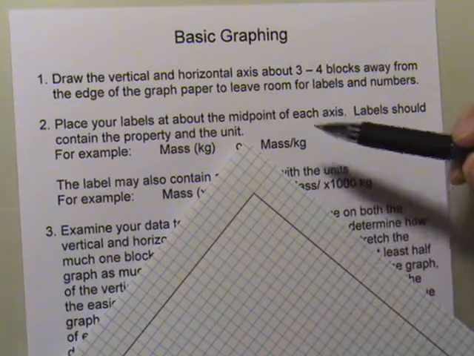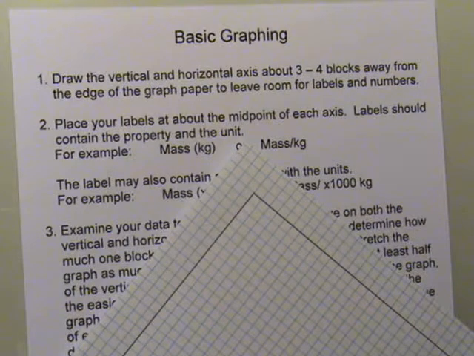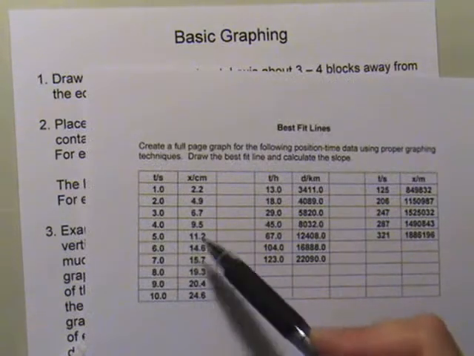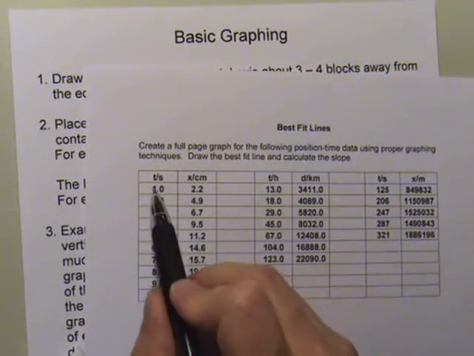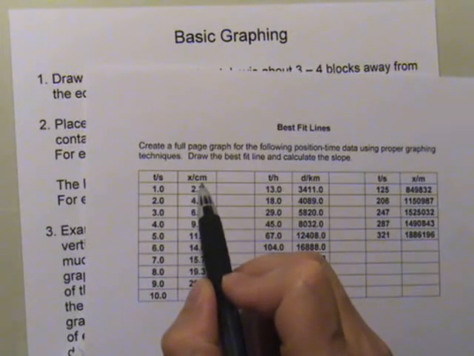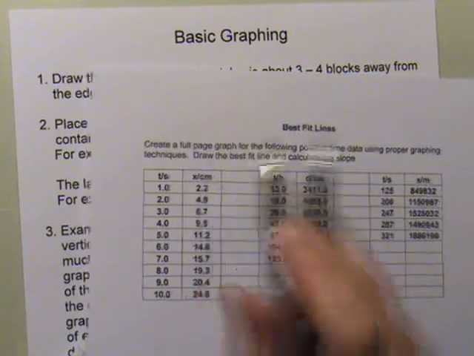And that brings us to the second step, which is to actually place those labels. Now, in the case of this graph, the example that I'm going to make, I'm going to graph this data on the left-hand side. So on the horizontal axis, I'm going to have time in seconds, and on the vertical axis, I'm going to have the displacement or position in centimeters.